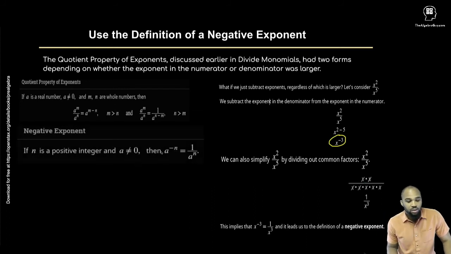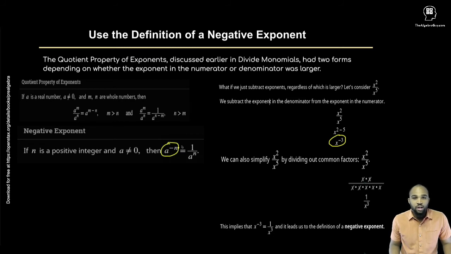So here's how it looks. Anytime you have a number or expression or term raised to the negative exponent, all you're going to do is write 1 divided by that same number or term to that exponent, but in a positive. And this will go both ways.